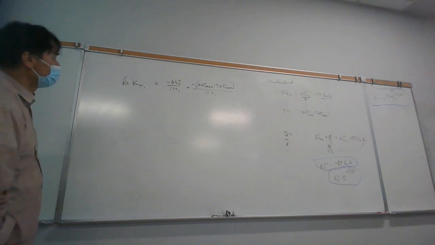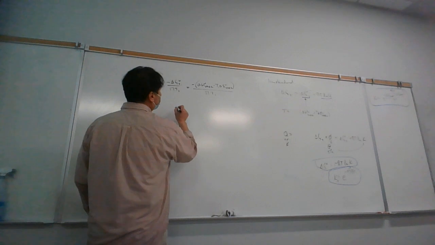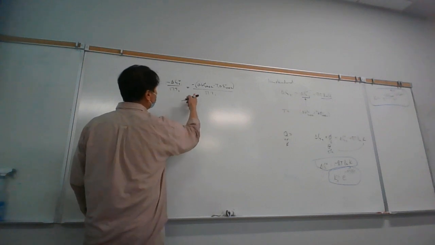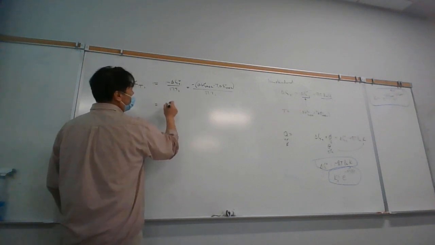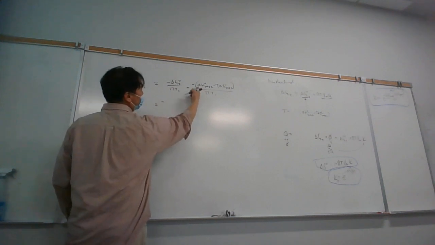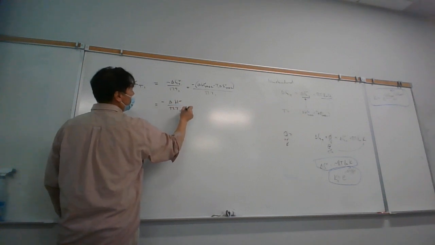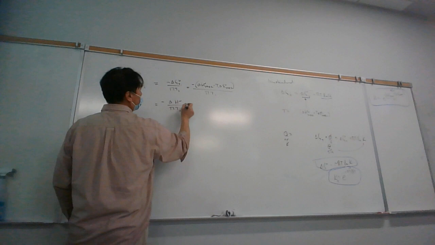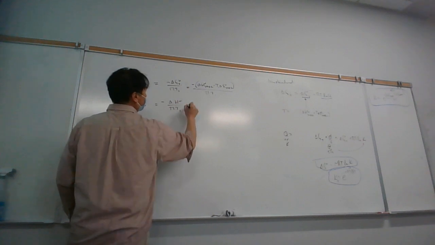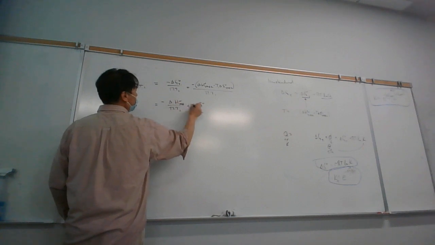Okay, let's try to simplify this a little bit. This is going to equal minus delta H naught over RT1, plus delta S naught over R, at 298.